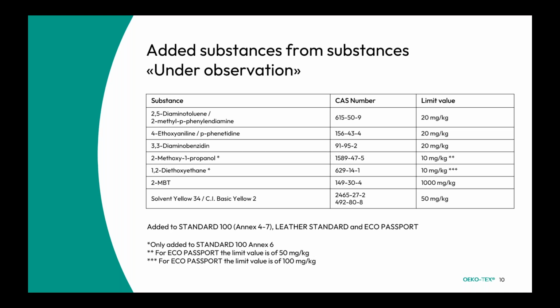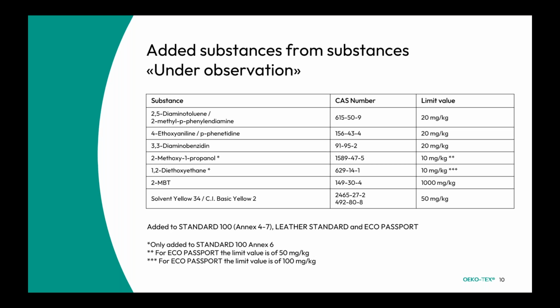Toluidine, aniline, and benzidine have been added to all certifications with a limit value of 20 milligrams per kilogram. 2-methoxy-1-propanol has been added only for Annex 6 of the Standard 100, not Annex 4, with a limit value of 10 milligrams per kilogram, and it has been added for the Eco-Passport with a limit value of 50 milligrams per kilogram.